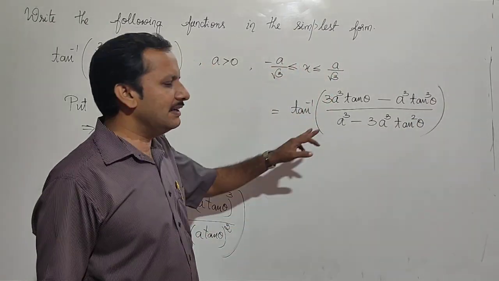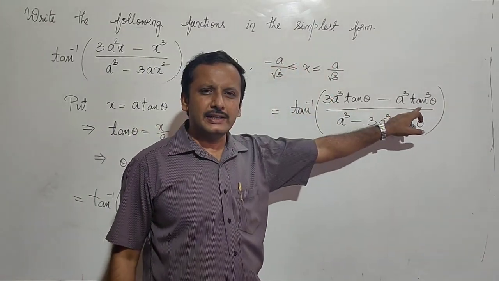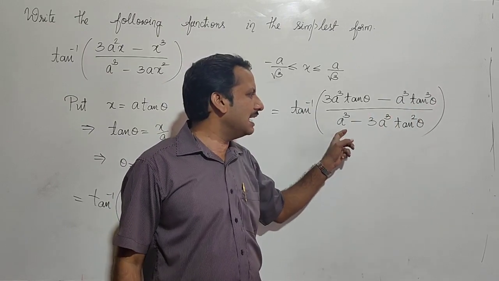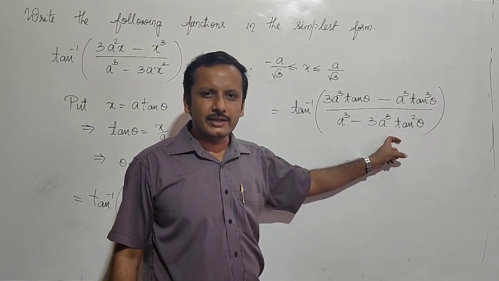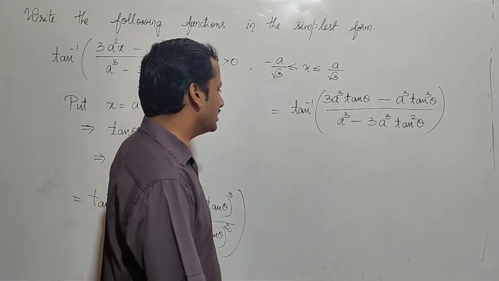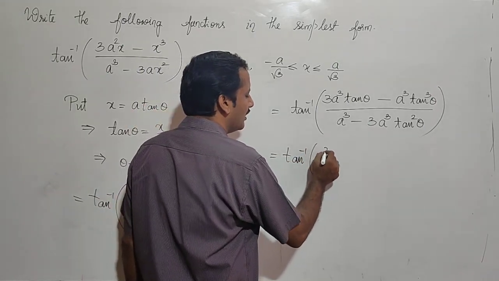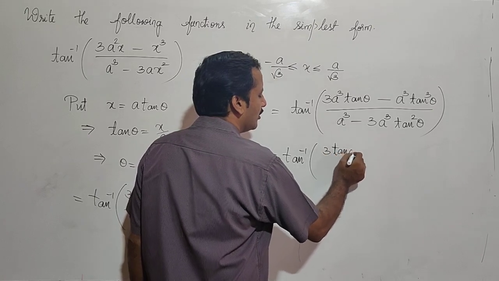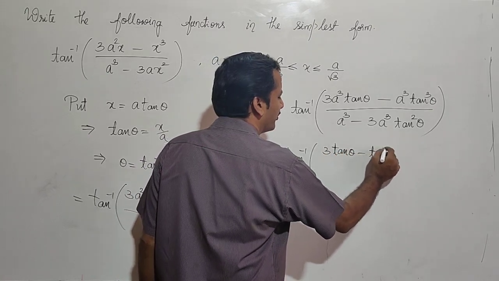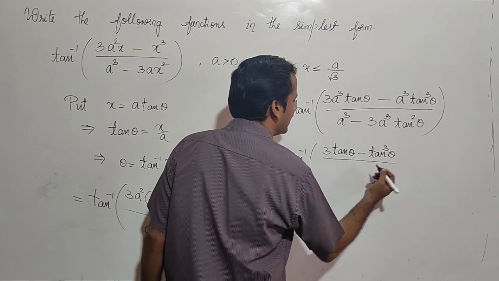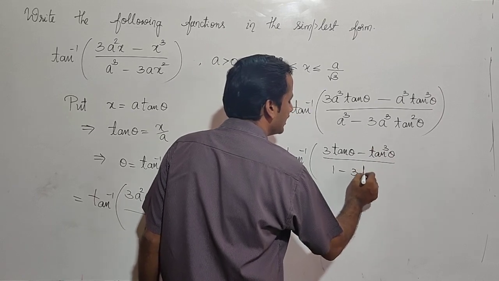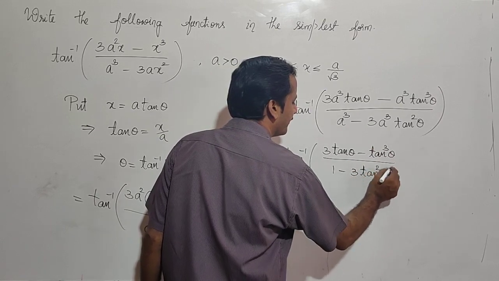Now I will take a cube as a common factor in the numerator as well as in the denominator. Then that a cube gets cancelled. So we will have tan inverse of 3 tan theta minus tan cube theta divided by 1 minus 3 tan square theta.